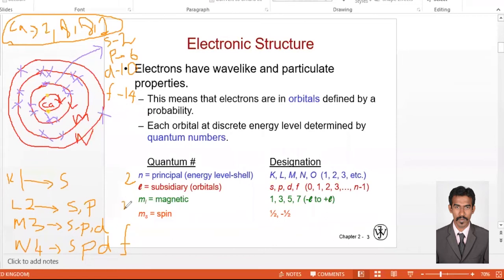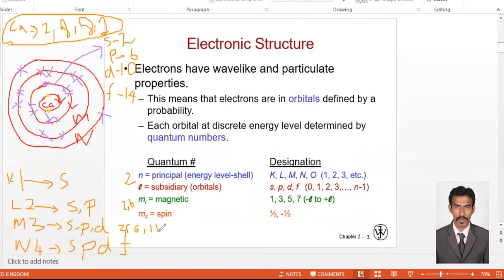So here, 2 and 6. How much is 2 and 6? Totally 8. So that's why in this orbit, we can have a maximum of 8 electrons. Similarly, when we go to the third orbit, we can have 2, 6, and D, I told you, 10.